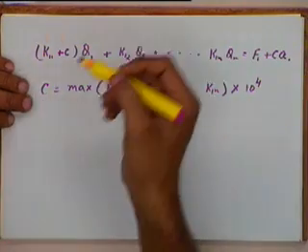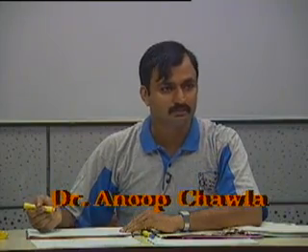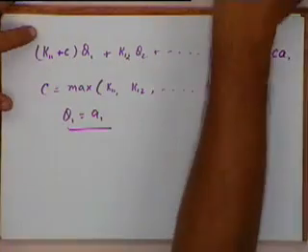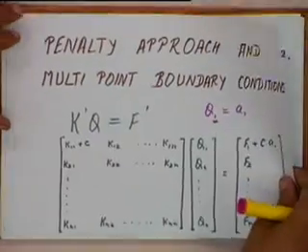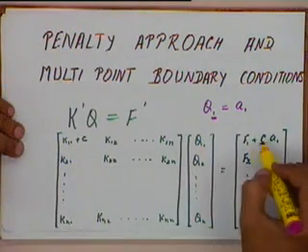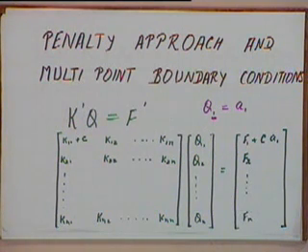Okay, we know that the larger we take the value of c, the more correct our result will be, because we finally want that q1 should be equal to a1. Okay, so if we take a very large value of c here, we will finally get q1 to be equal to a1. Okay, and how do we show that?